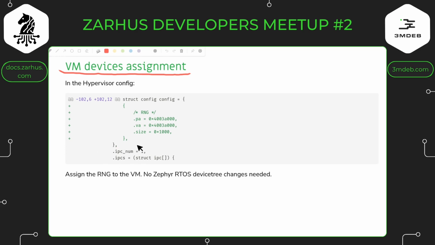Here you can see the assignment of the random number generator. As you can see, the physical addresses and the virtual addresses are the same, so there is no need to change anything in the Zephyr RTOS device tree, and the size of the region of the memory.